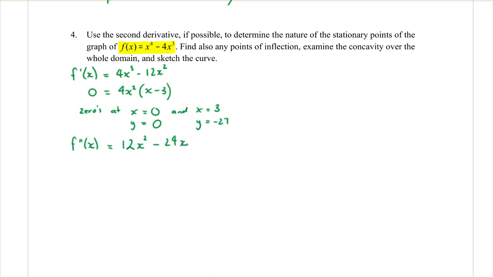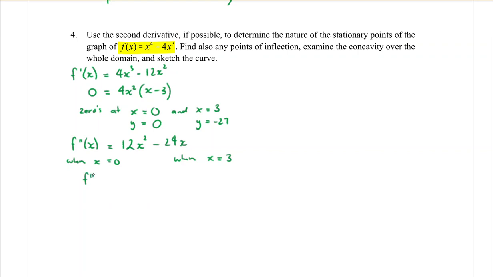Now, to test here, what I'm going to do is test each of those x values by subbing them into that second derivative. So I'm going to do when x equals 0, and also when x equals 3, the two x values that I had for my stationary points. Sub them into this second derivative.